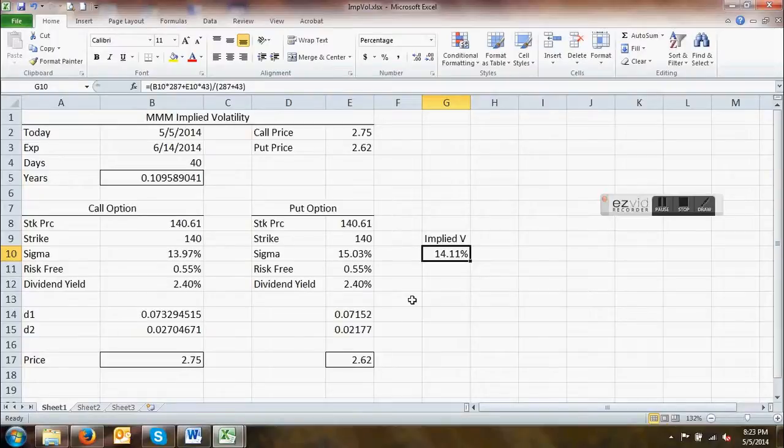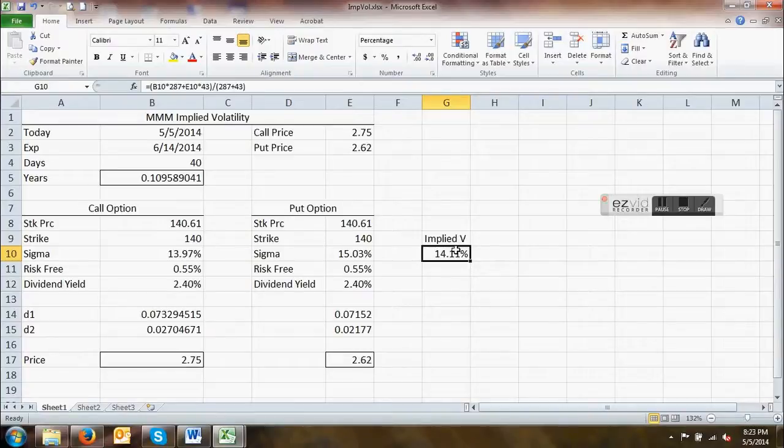The second thing that we're going to do is we're going to use each one of our implied volatilities from our put and our call. What we know is the at the money put and call. So this is the put and call that is either one strike price below the current stock price or one strike price above the current stock price.